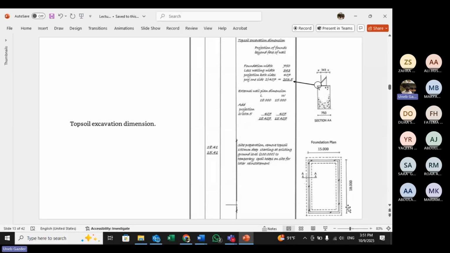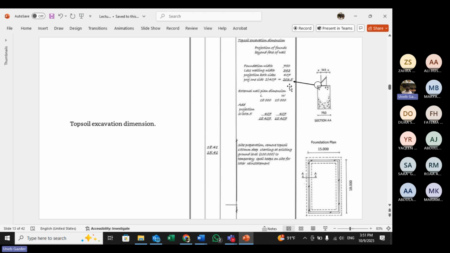So we are focusing on this plan. External dimensions are given. I wanted to have the projection of the footing outside the wall, so I cut a section here. You can see the section. This is my footing, 750 millimeters. Wall is 343. I subtract 343 from 750 and I get the projection on both sides. Divide by 2, and I get the projection on one side.